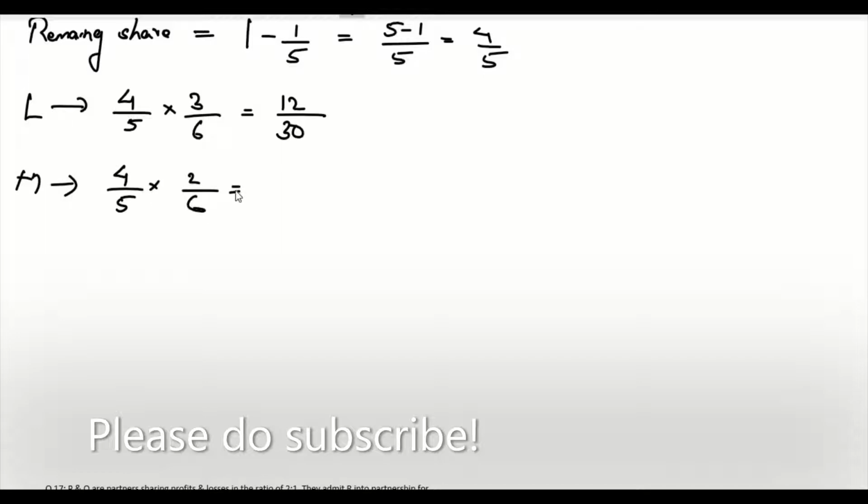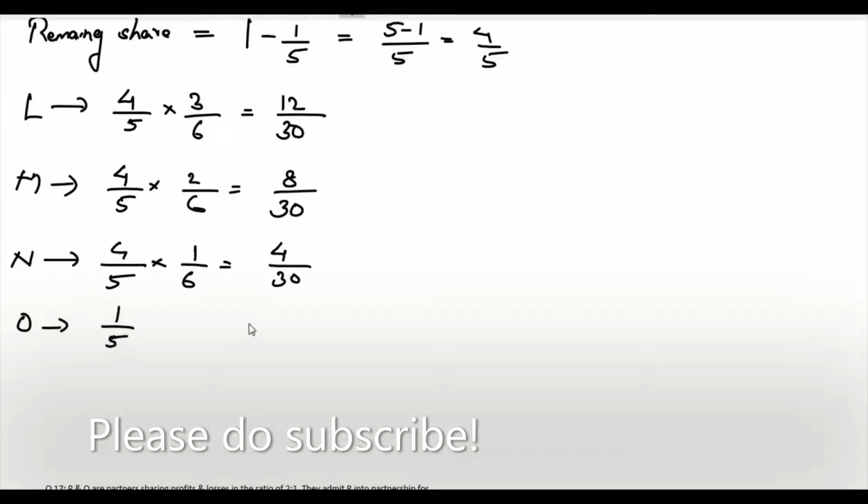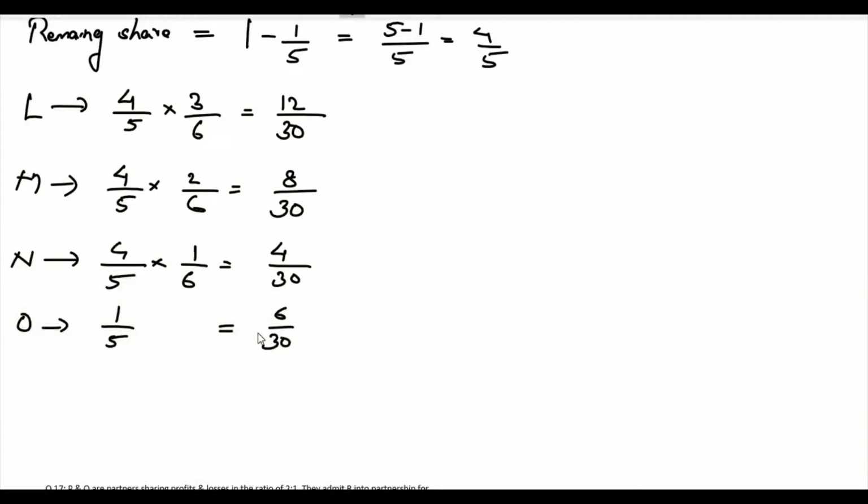So his new share is going to be 8 by 30. Then we have N. Remaining share 4 by 5 multiplied by his original share 1 by 6 is going to give 4 by 30. And then we have O. It's given in the question that he is going to get 1 by 5 share of profit. If you want to keep the same denominator, it's going to be 6 by 30.